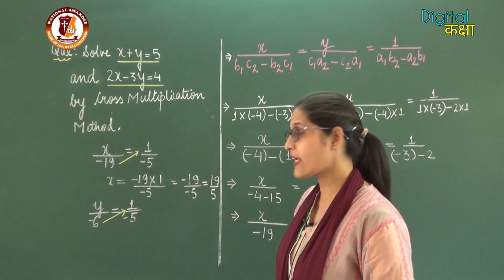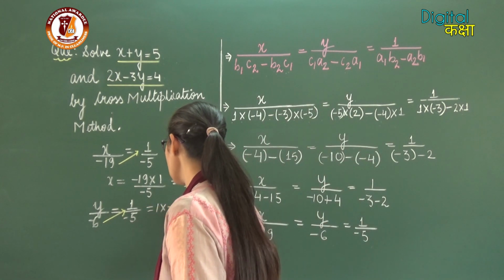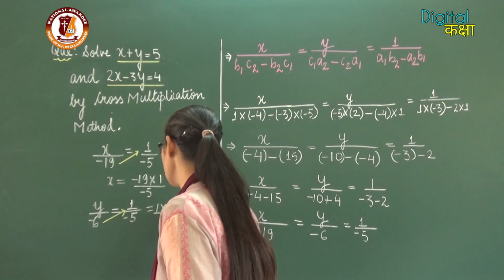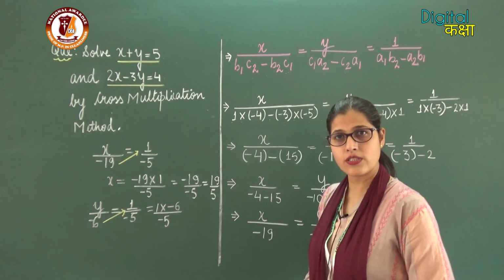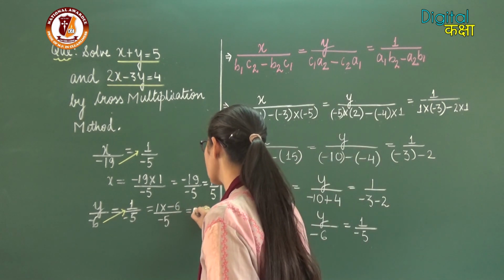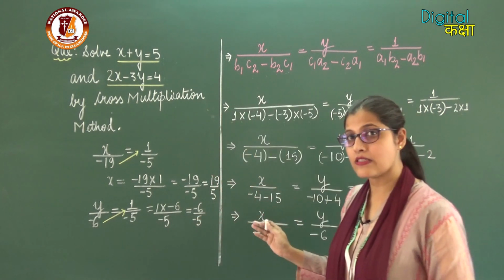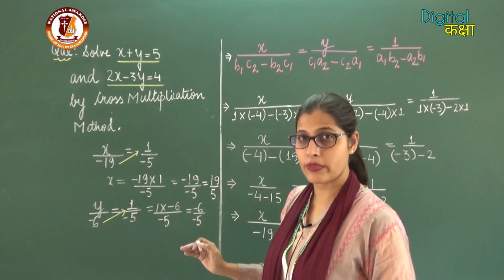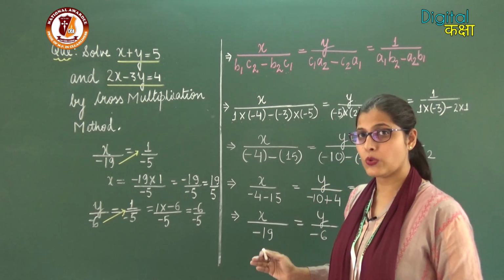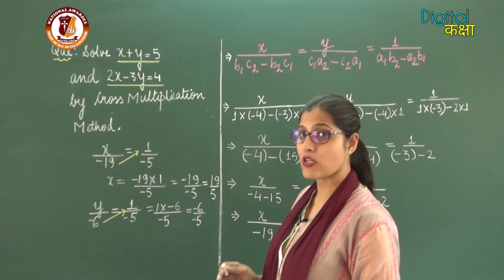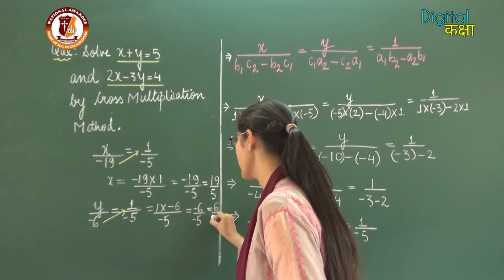So, we will be getting 1 into minus 6 upon minus 5, which will be equals to minus 6 upon minus 5. Since numerator and denominator both are having negative sign, the answer will be positive, which will be equals to 6 upon 5.